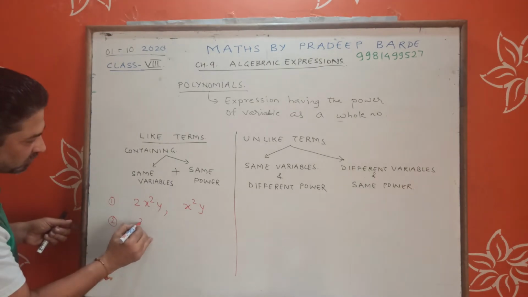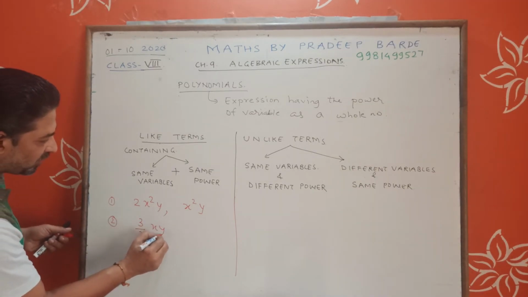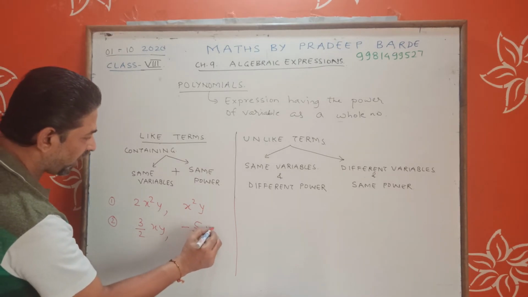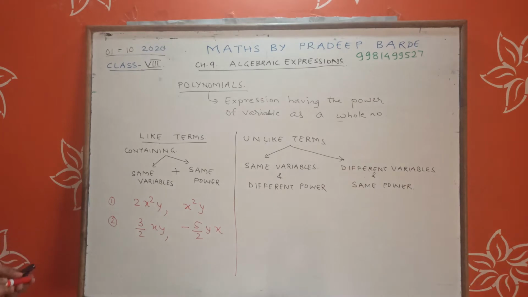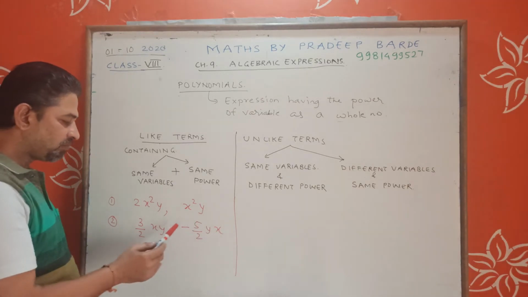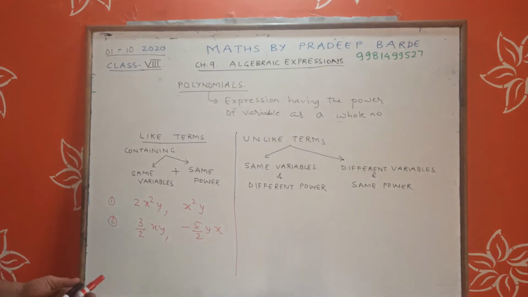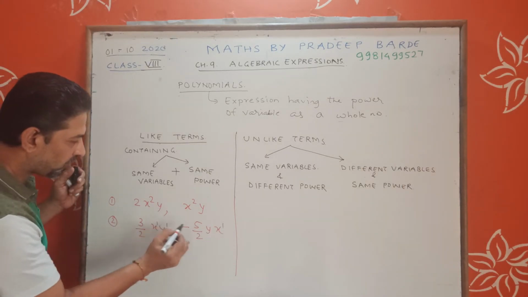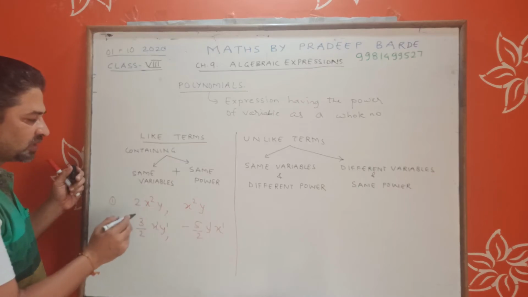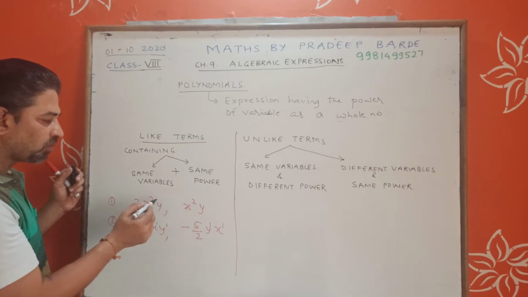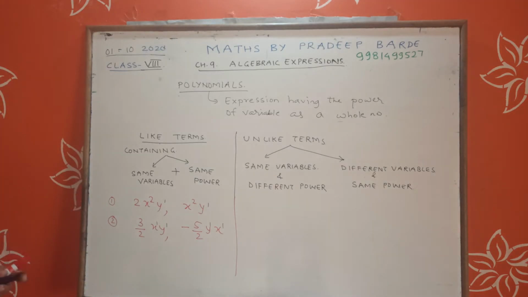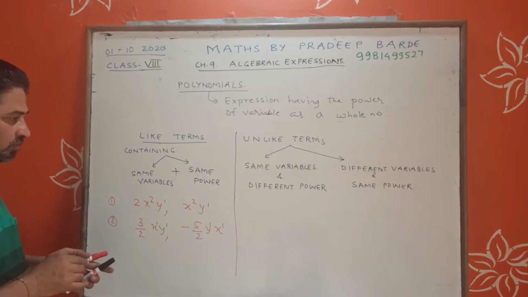If we have 3 by 2xy and minus 5 upon 2yx, we see the order is different, but the power of x is 1 in both and the power of y is also 1 in both. So these are like terms.